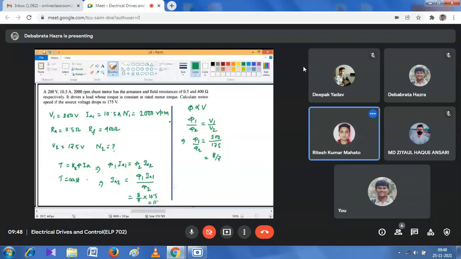What is the value of 8 into 10.5? It should be 84. 84 divided by 7 is 12.